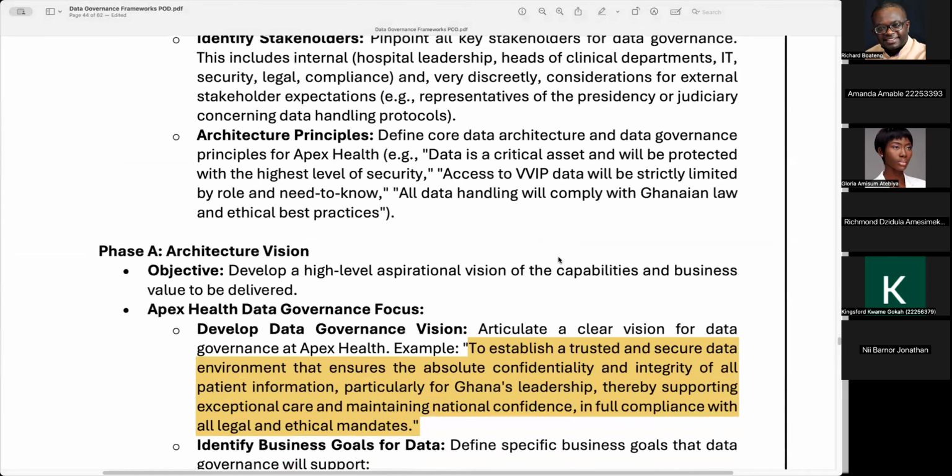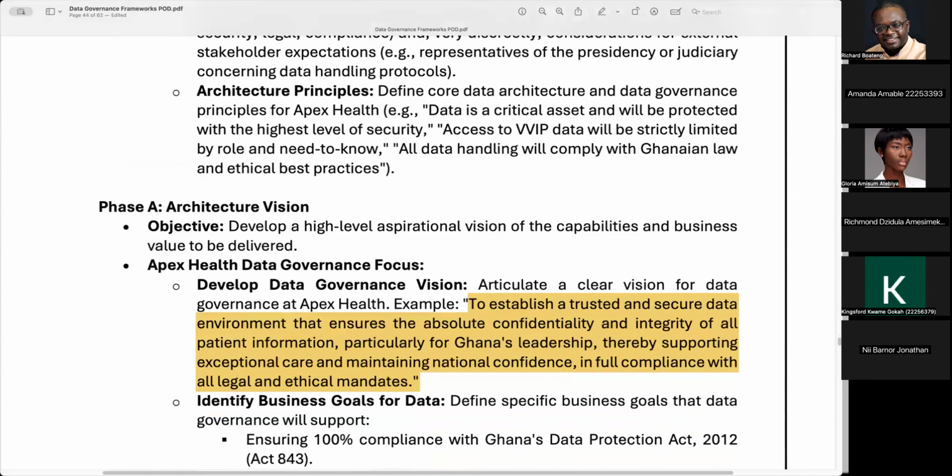This phase is about setting the high-level direction and securing buy-in. Here, the architecture team, working with leadership, would develop a clear data governance vision that is tightly aligned with the hospital's overall mission. They'd envision the target state: a highly trusted, demonstrably secure data environment that guarantees absolute confidentiality and integrity, particularly for Ghana's leadership data, thereby supporting excellent clinical care, maintaining national confidence, and ensuring full legal and ethical compliance.